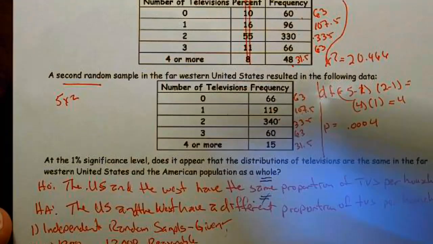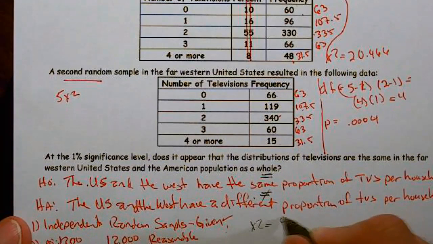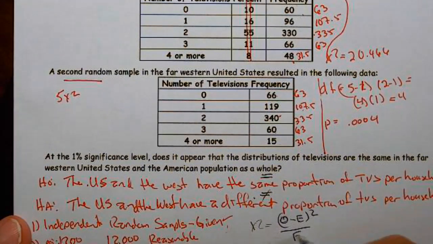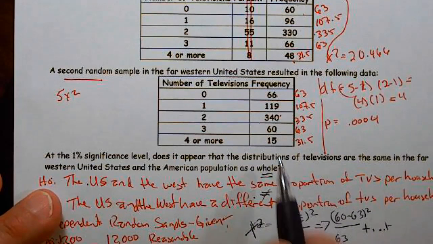All right. So our chi-squared formula, chi-squared equals observed minus expected squared over expected, which in this case is 60 minus 63 squared over 63 plus, and so on, plus 15 minus 31.5 squared over 31.5.